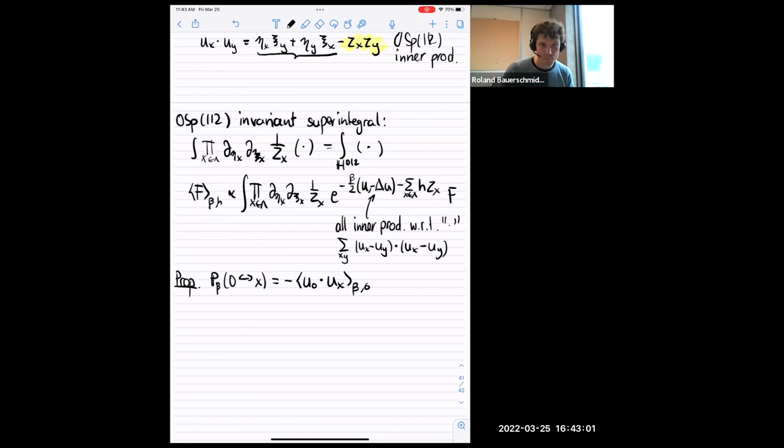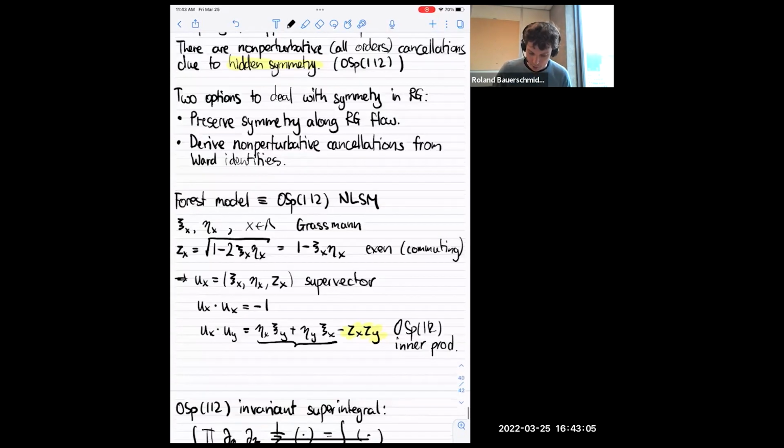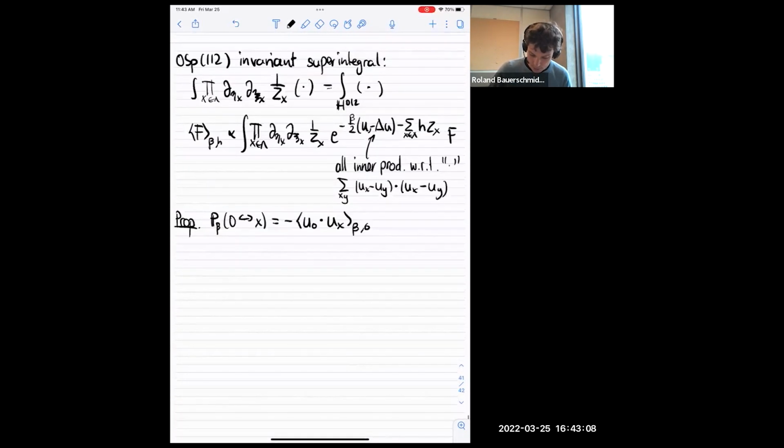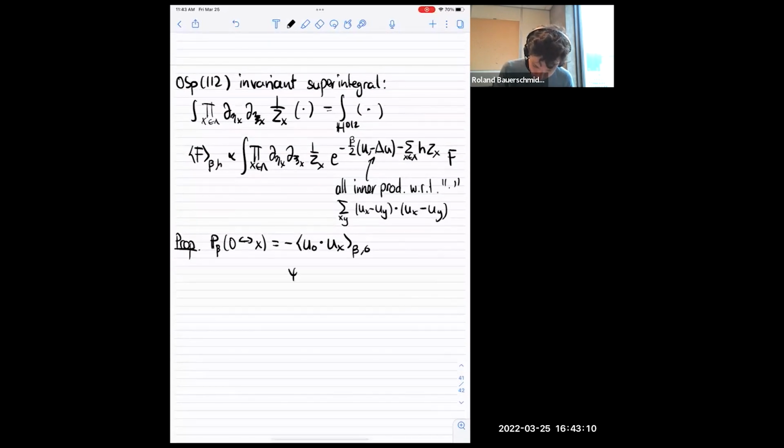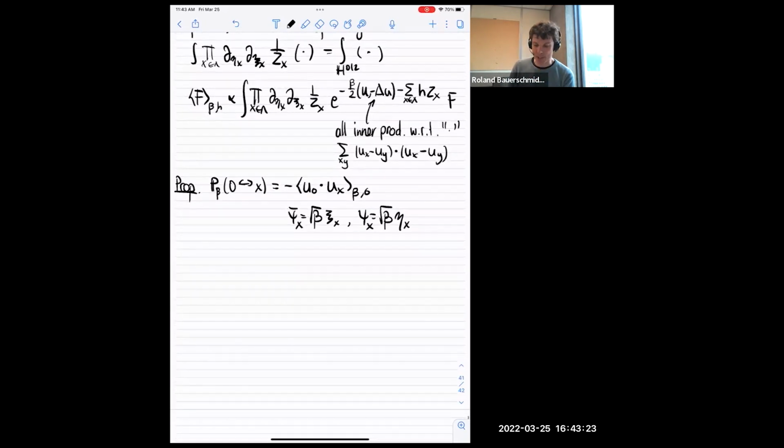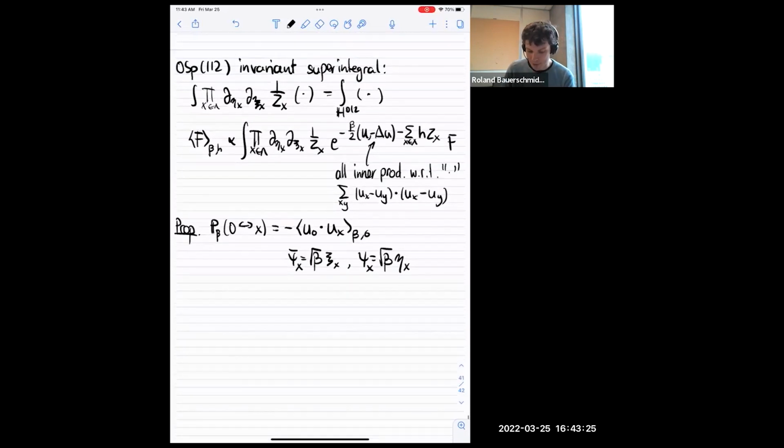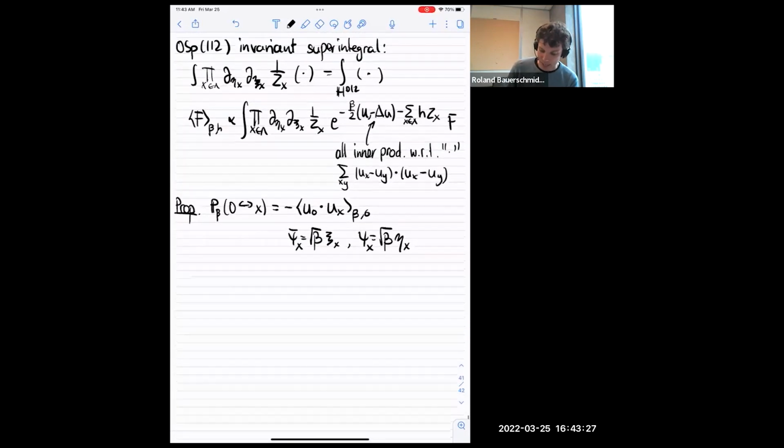And you obtain the formula I wrote down here by simply setting psi bar equal to square root beta psi X and psi as square root beta eta X. But in this representation, this OSP 1,2 symmetry is manifest. It looks like a Heisenberg model.